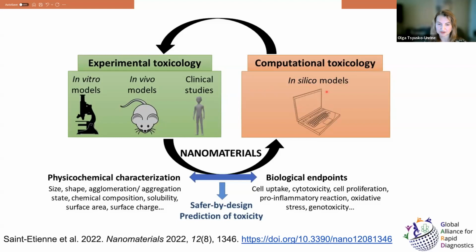In silico models are actually modeling and predicting based on the changes in nanomaterial properties, plus using the toxicity data that are already available. Can we predict how those novel nanomaterials will express their toxicity? Can we predict the risk?